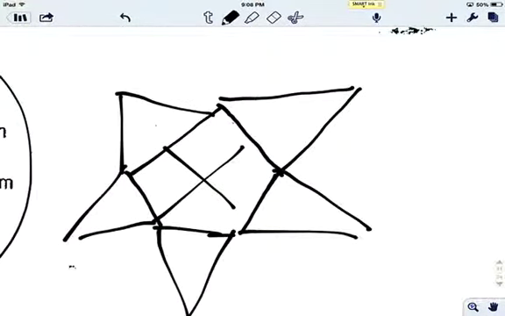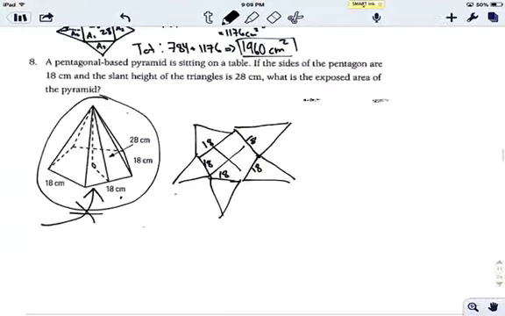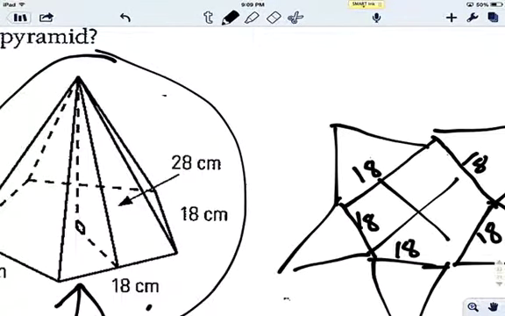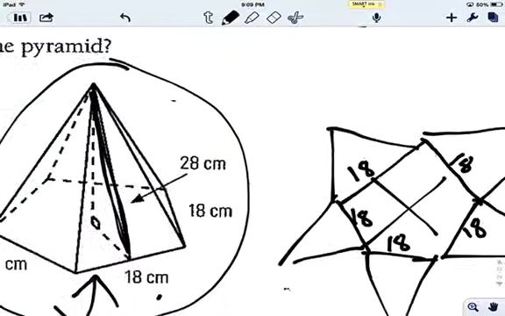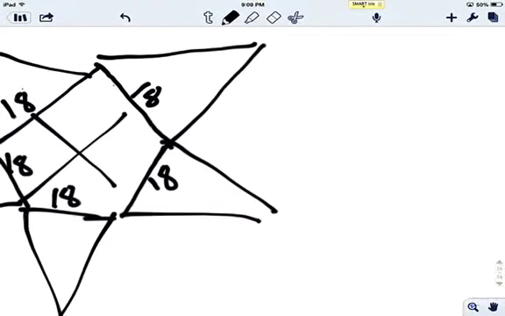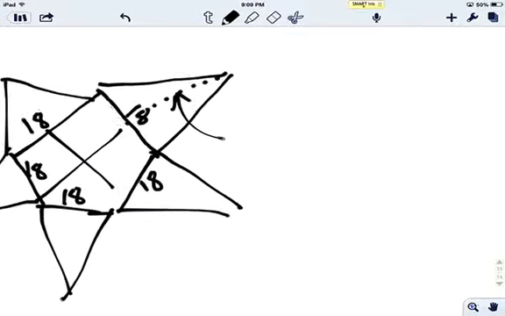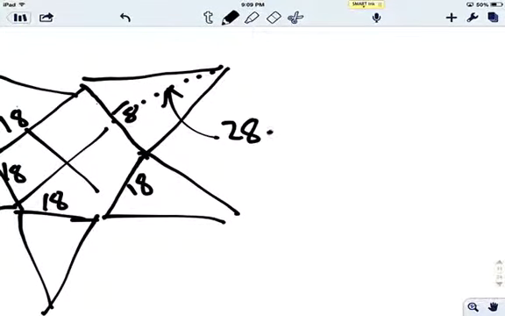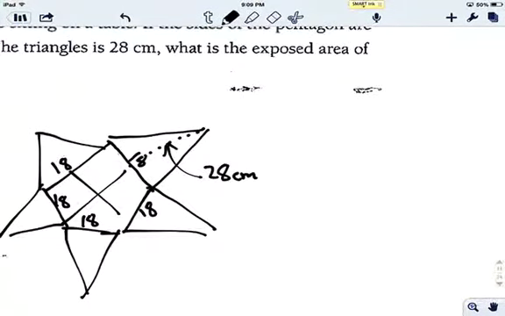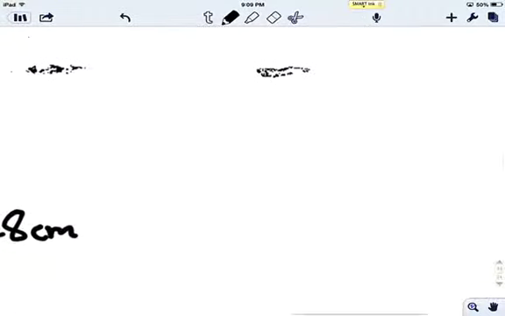So these values here are all 18, 18, 18, 18, 18, and the height of the triangles, this value along here, is 28 centimeters. So we need to find the area of one of those triangles, basically multiply it by 5.